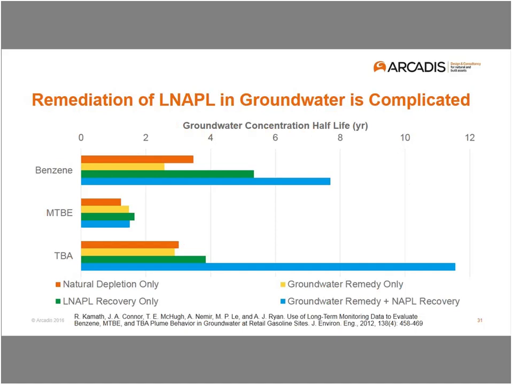And what we're looking at here is the half-life of groundwater concentration reduction. So for the benzene sites, if you just let them go all on their own, concentrations would reduce by half every 3-ish years. For MTBE and TPH, we're talking 3-ish and less than 2 years.